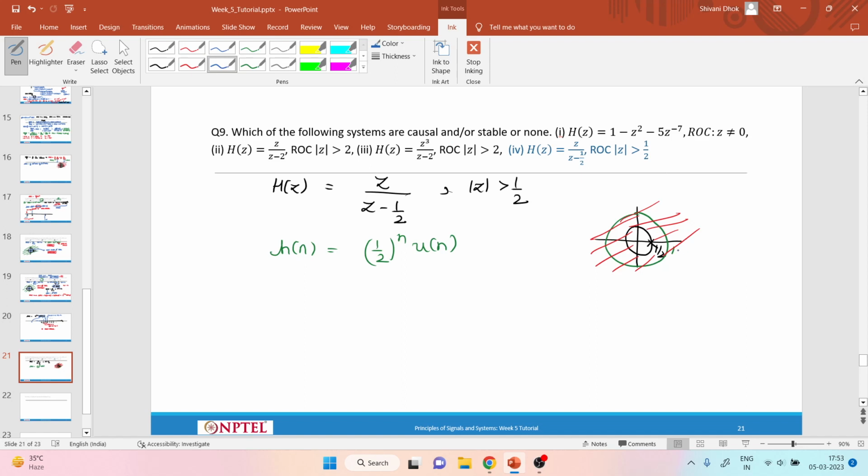So we observe that this includes the unit circle, which means that it is a causal system. It is a stable system.